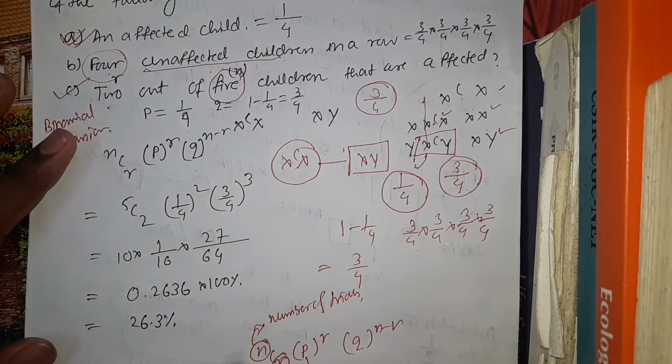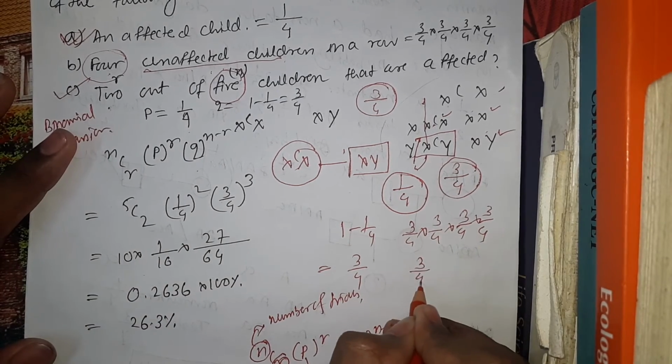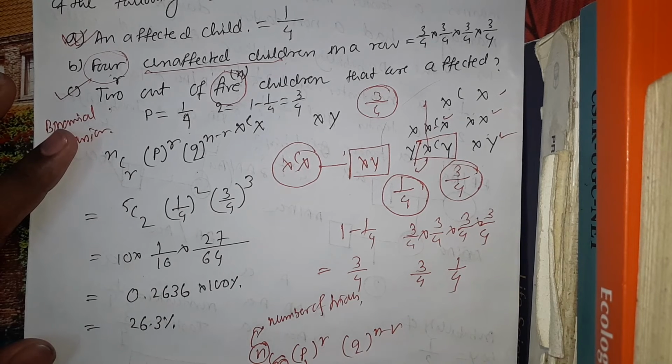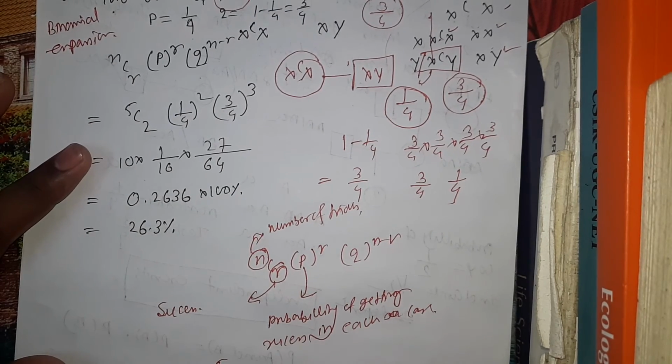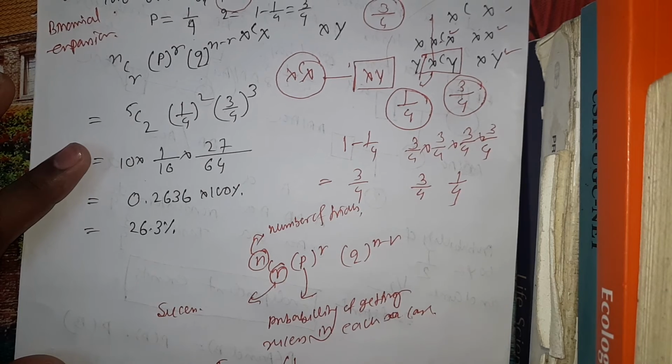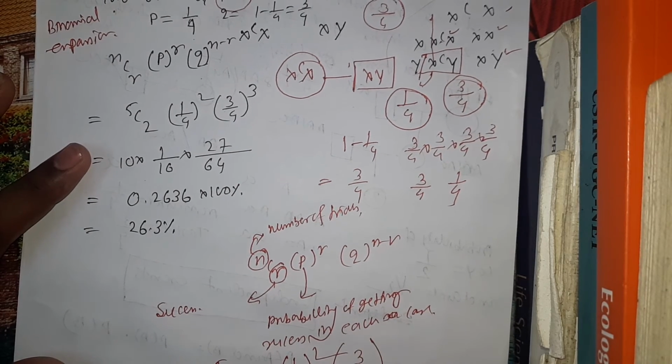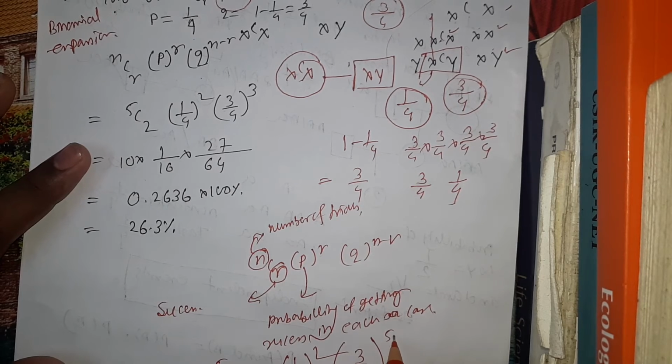On the basis of this Punnett square, the ratio of unaffected children is 3 by 4 and affected children is 1 by 4. Our criterion for success is that we need to find affected children, so p will be 1 by 4, and q, 3 by 4, will be raised to 5 minus 2.